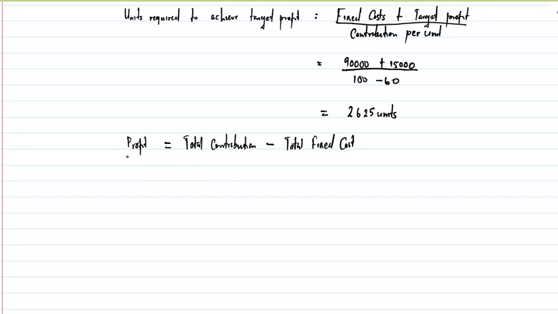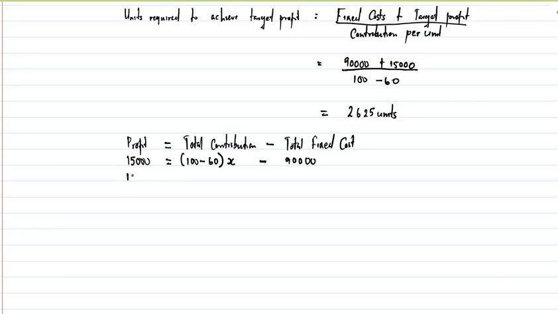Right, so the profit here in this case is 15,000. To get my total contribution, currently what I know is the contribution per unit that I can calculate by saying 100 minus 60, then I multiply by the number of units. So we are going to denote that by an X, then minus our fixed costs amounting to 90,000. Right, so I will have to solve for X here, right?